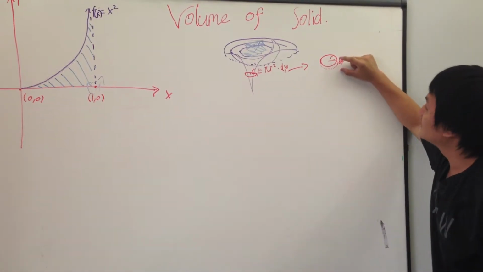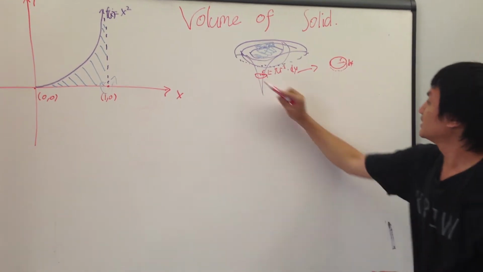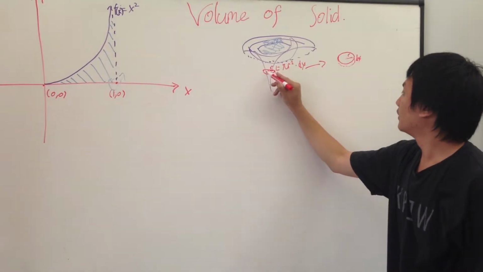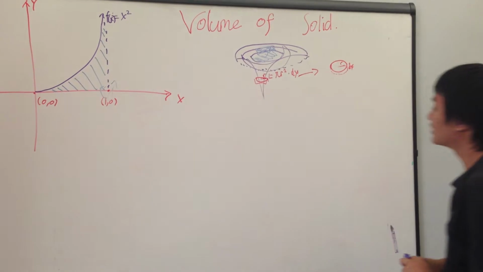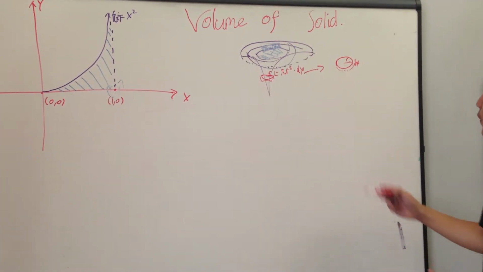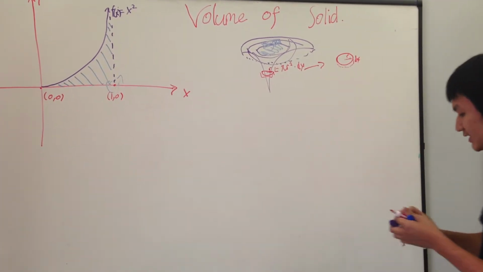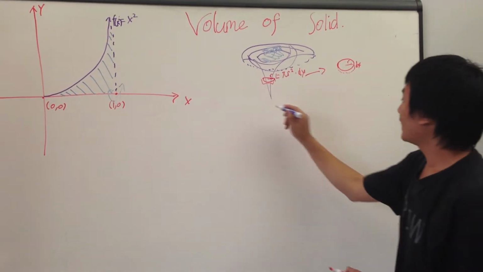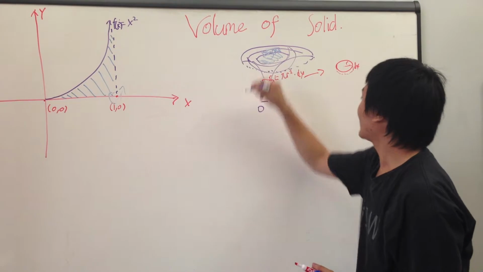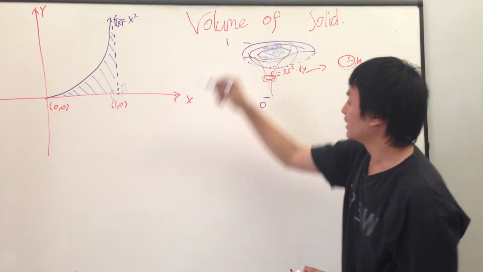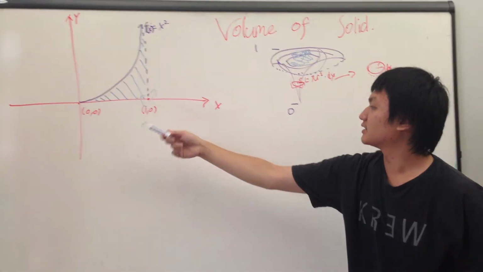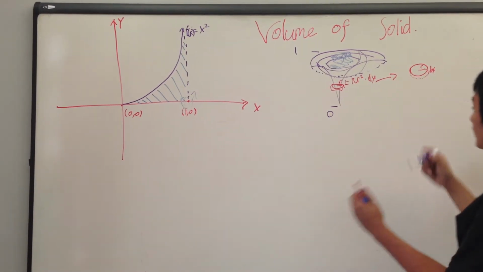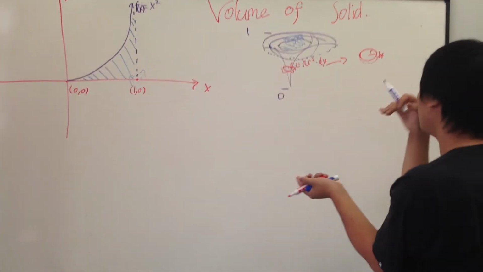So this is actually one piece that we cut out from the solid. So how many pieces do we have in here? We have an infinite number of pieces of thickness dx, from x is 0 to x is 1, because according to the graph there, it goes from x equals 0 to x equals 1. You just turn the shape around the axis.